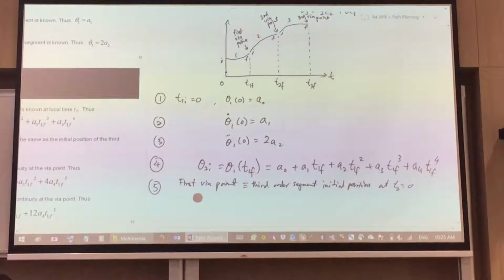What that means is that t2I, we let it equal to 0. What it's trying to do is to relate this segment over here to do the projection until it reaches 0 at time 0, so as to draw the entire curve of this third order segment. So this is fourth order, this is third order, and this is fourth order.